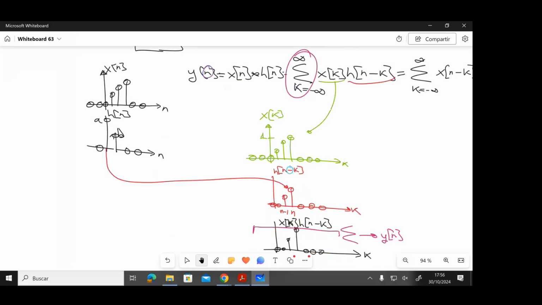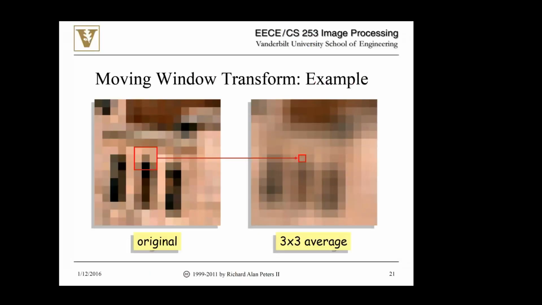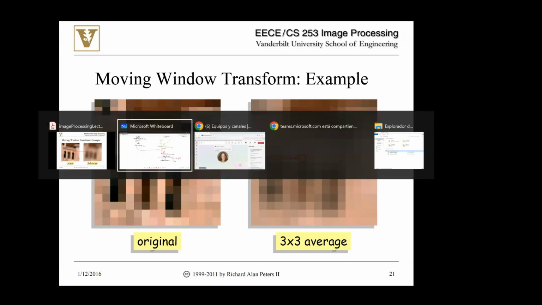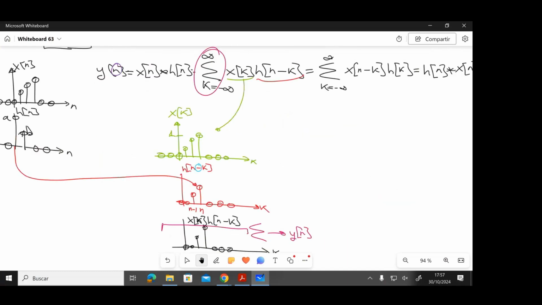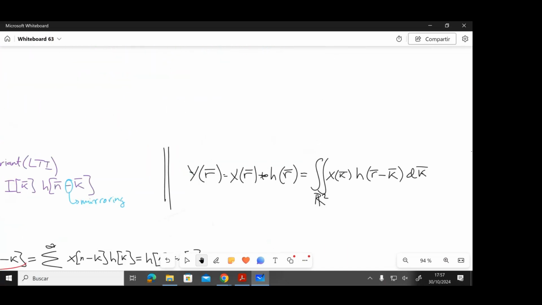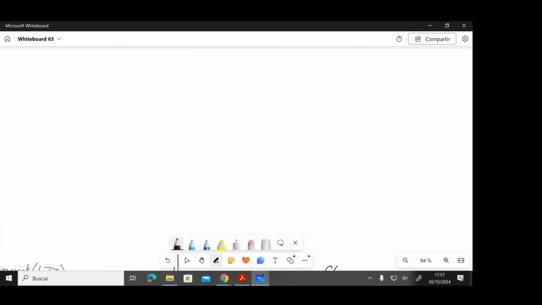Okay, so let's say that this is our original. Our kernel is a 3 times 3 array. So take these pixels, multiply by the kernel, and the kernel here is this one. So it is a 3 times 3 array.